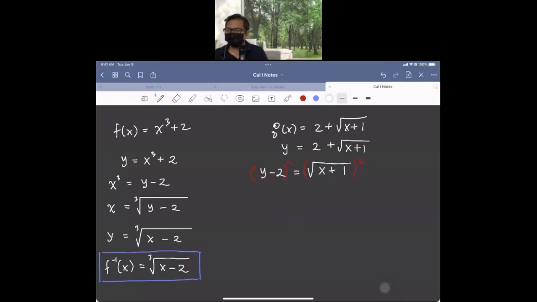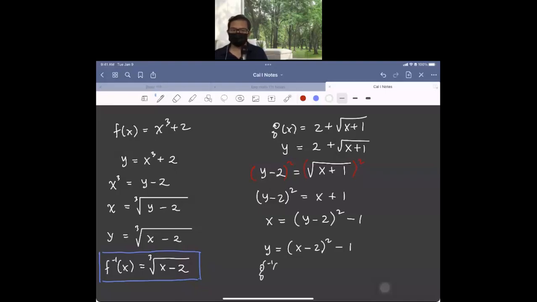So y minus 2 squared equals x plus 1. So x is y minus 2 squared minus 1.